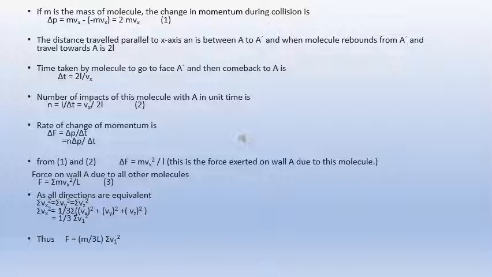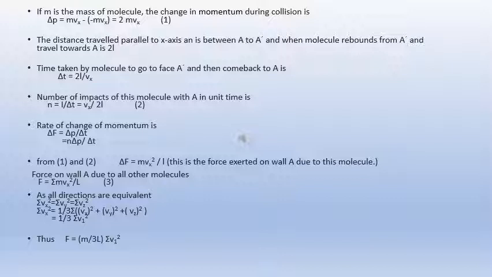Now as per the second law, F is equal to delta P upon delta T, which is also equal to N delta P upon delta T for the total number of collisions. Now from equations 1 and 2, we get delta F is equal to mVx square upon L.